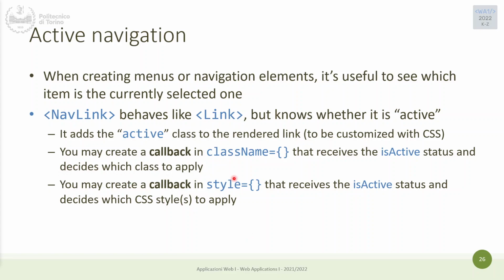You may create a callback inside the className that receives the isActive status and decides which class to apply, so decides if I am active or not. Or you may create a callback inside the style tag, so you can directly write inline CSS according to the status.